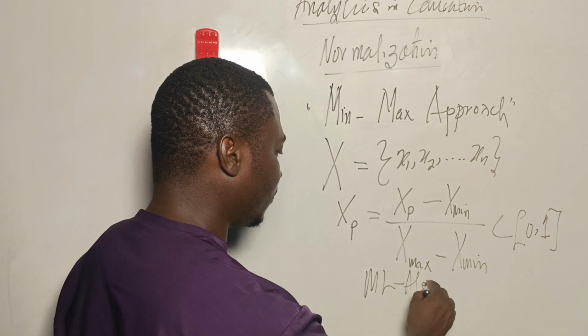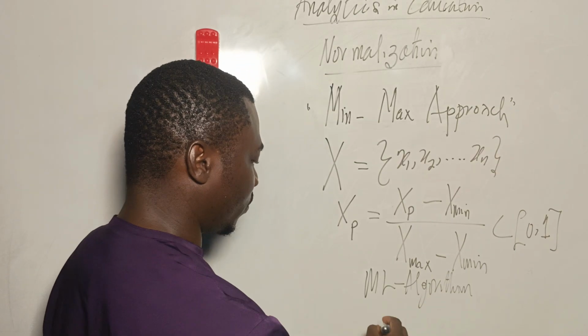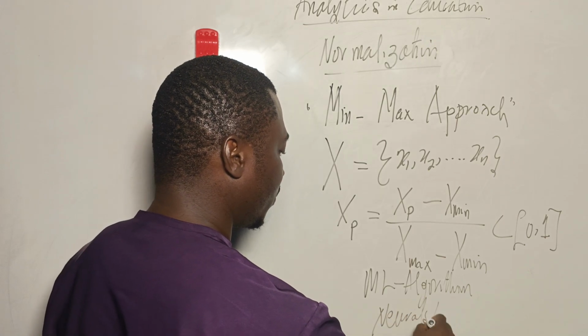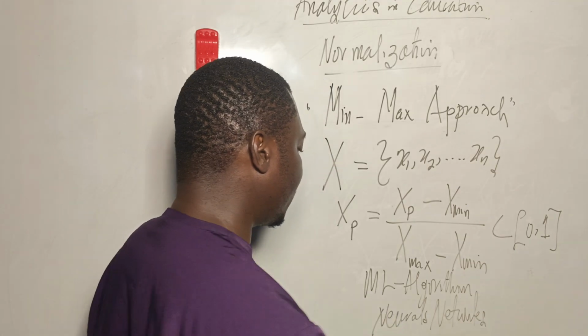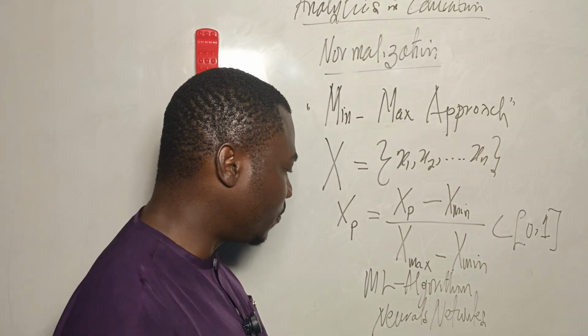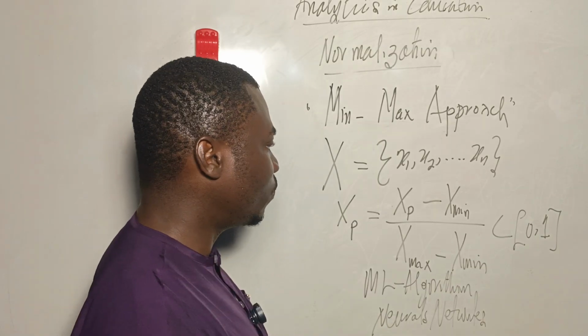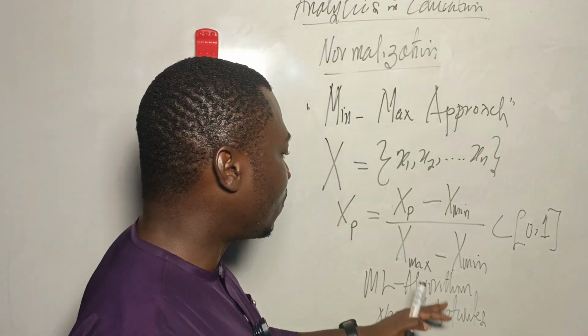So we make use of this when you are going to use a machine learning algorithm like neural networks, such as a deep neural network, could be a CNN, convolutional neural network. That is when you apply the min-max approach.